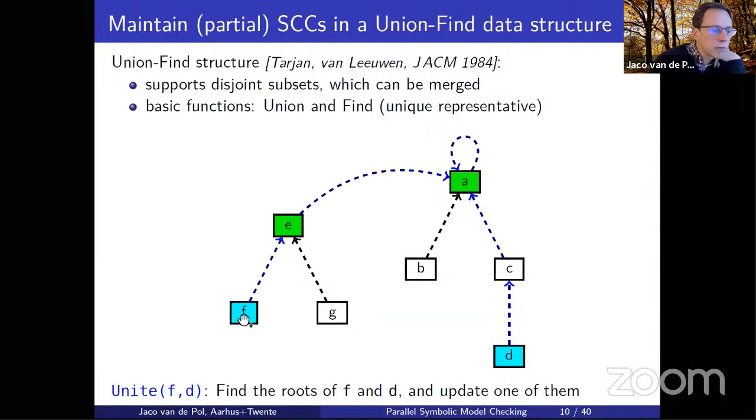So now the representative of F is A. So F and D are now equal after taking this union.